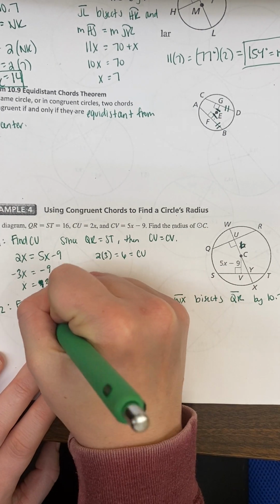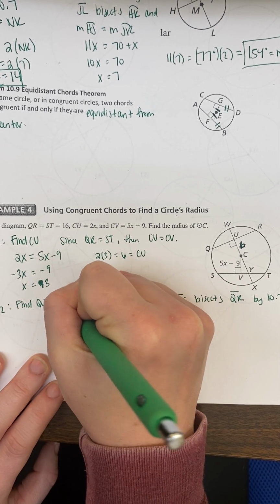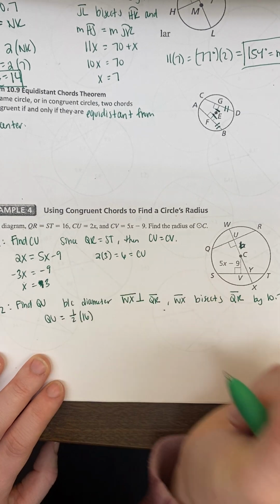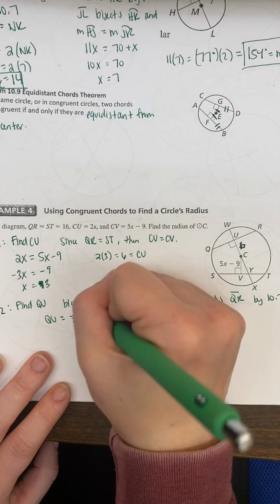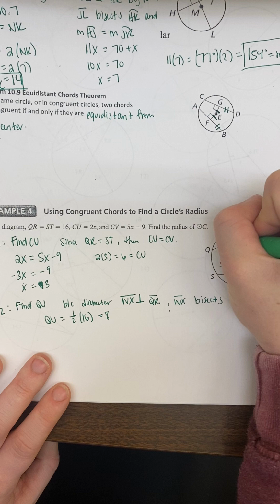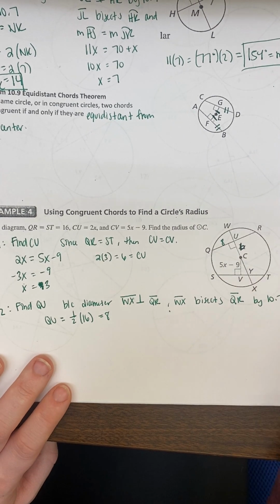So QU has to be half of the whole thing, which was 16 it told us. So QU is 8. So 8, 6.